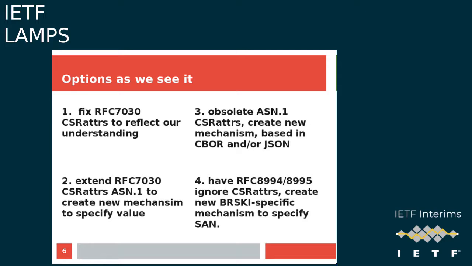We already did update it once with one document, so I think that we could write a reasonable 5 to 12 page CSR attributes and examples document, and I think that would be fine.